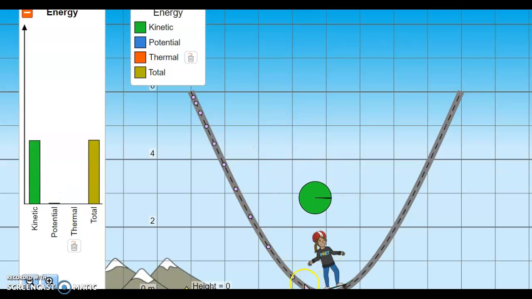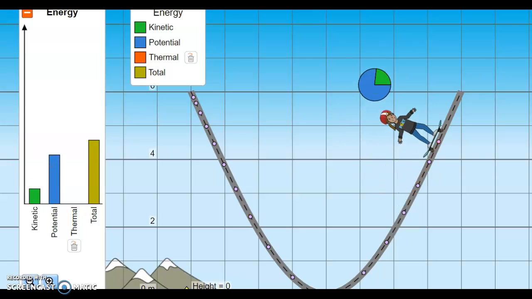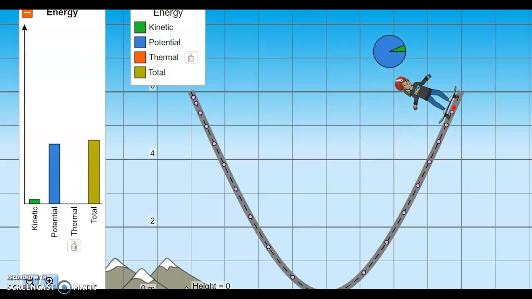As she reaches this part here, all of the potential energy is now converted to kinetic energy, yet the total amount is still the same. As she goes up, that kinetic energy again is decreasing and the potential energy is increasing. And there you go.